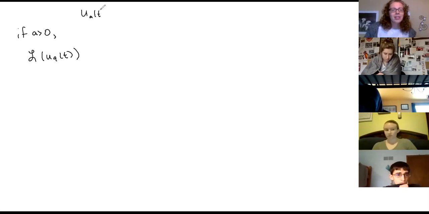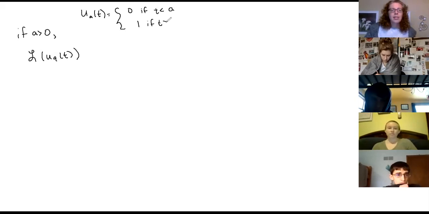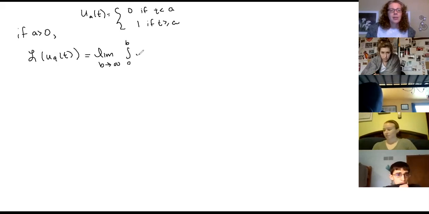Remember, my unit step function is 0 if t is less than a, and 1 if t is bigger than or equal to a. Okay, so limit with an integral. Limit as b goes to infinity, integral from 0 to b, e to the negative st times this unit step function, and then dt.